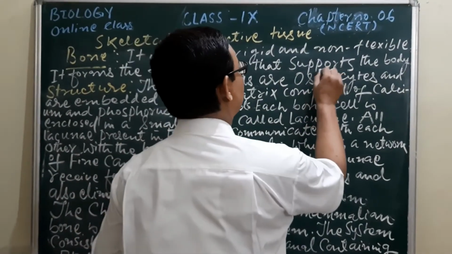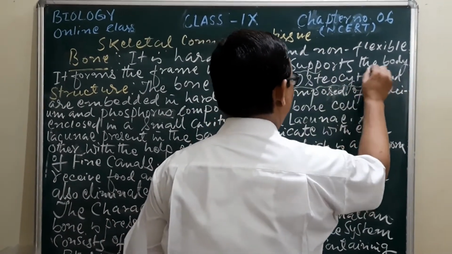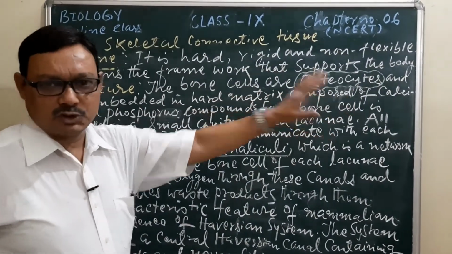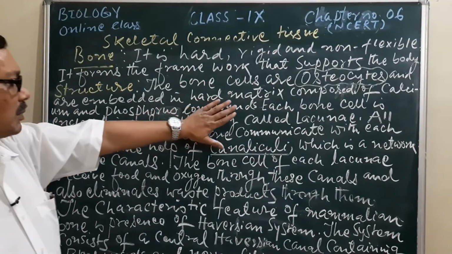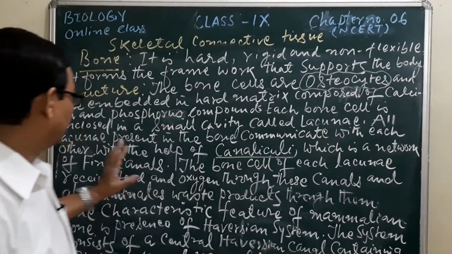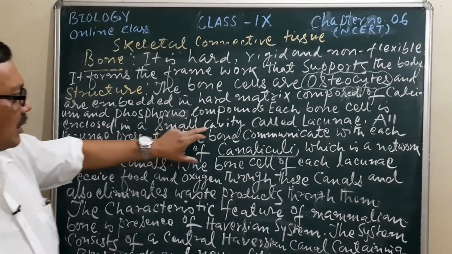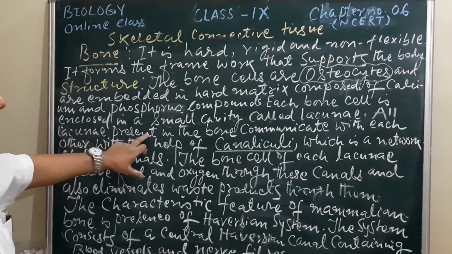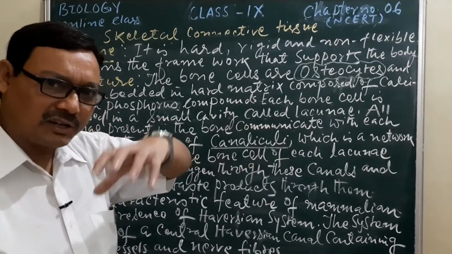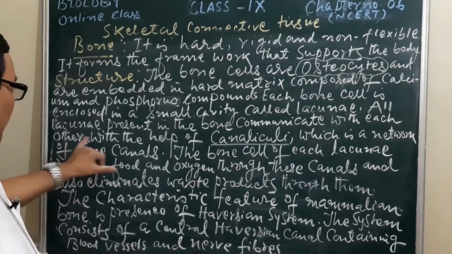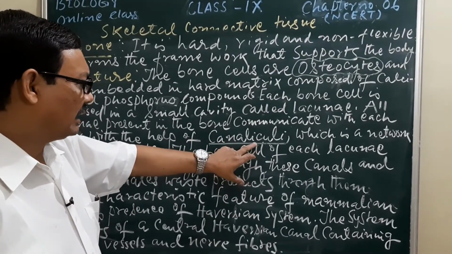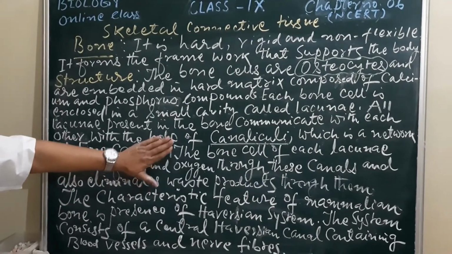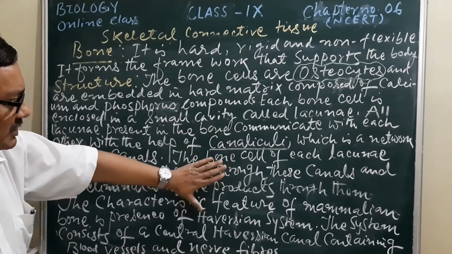The name of the cell here is osteocytes, and they are embedded in a hard matrix composed of calcium and phosphorus compounds. Each bone cell is enclosed in a small cavity called lacunae. All lacunae present in the bone communicate with each other with the help of canaliculi, which is a network of fine canals. This is the special feature of this structure.